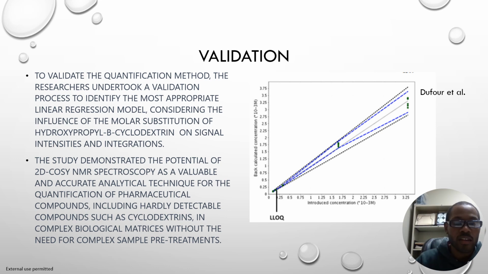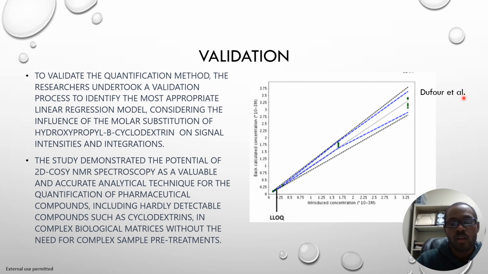The study demonstrated the potential of 2D NMR spectroscopy as a valuable and accurate analytical technique for the quantification of pharmaceutical compounds, including hardly detectable compounds such as cyclodextrin, in complex biological matrices without the need for complex sample pretreatment.